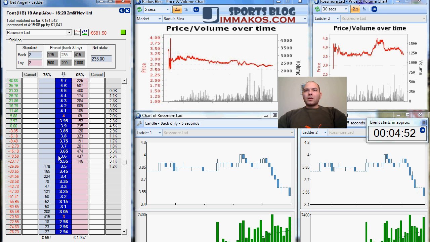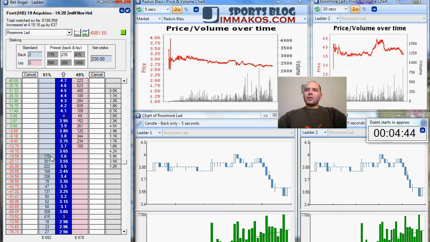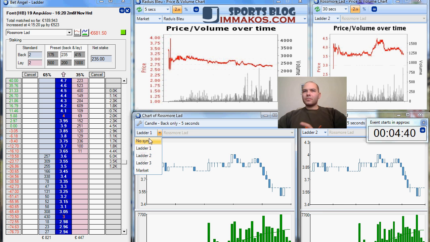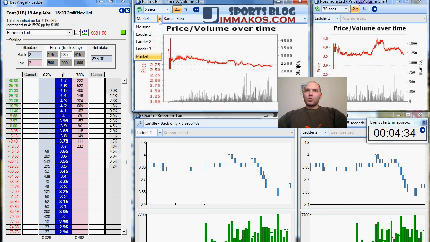I should right now close out my position, but I highly expect the odds to retrace back to 3.8 and possibly go down again, so I can minimize my loss.